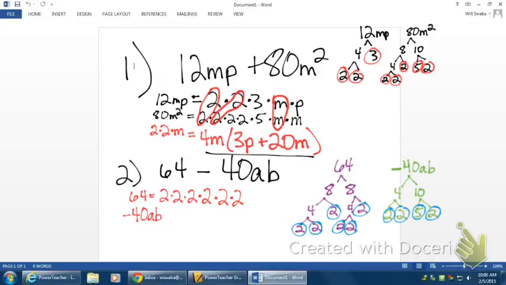And now, because that's a negative 40, I'm going to factor out a negative 1 right off the bat, because if it's a negative, you can always factor out a negative 1. So I have 3 2s and a 5. So I'm going to write down 2, 2, and a 2. I also have a 5. Now I also have A times B.